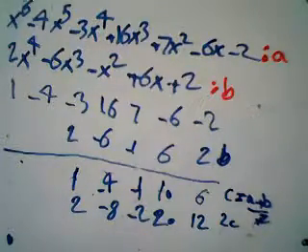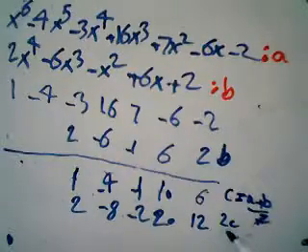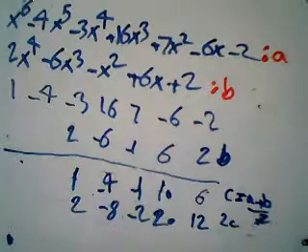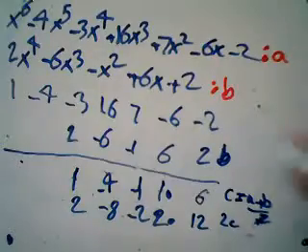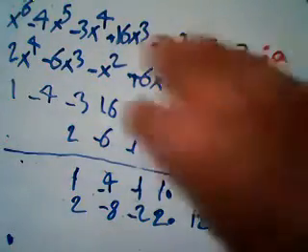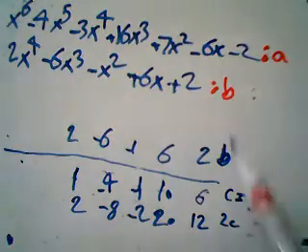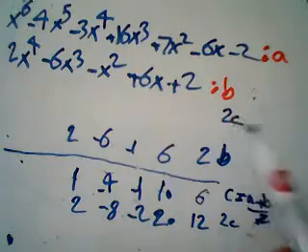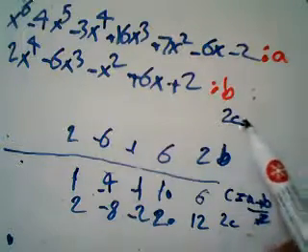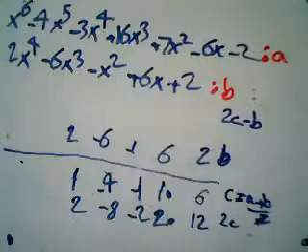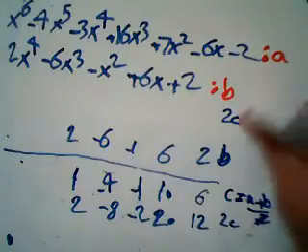Okay, and subtract this from b. So we don't need that anymore. Let's write it here. This is 2c minus b. No, this is b minus 2c.